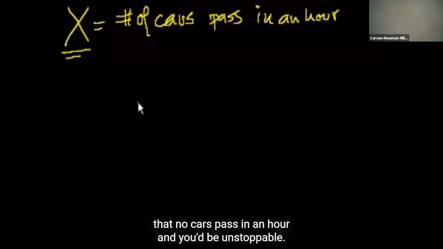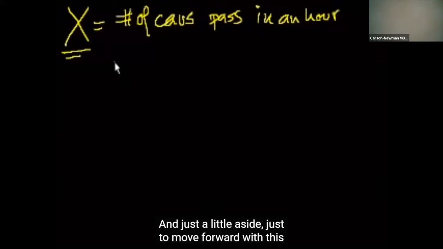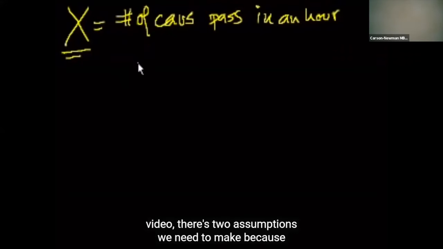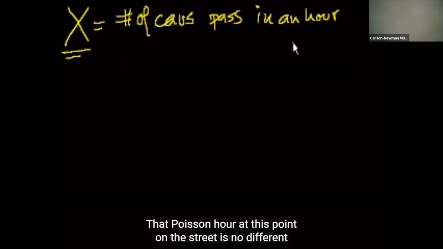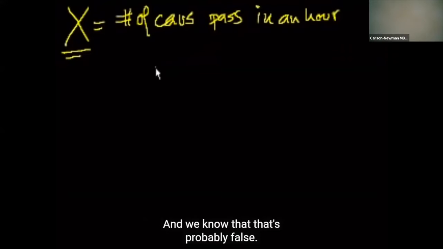Just a little aside, to move forward in this video, there are 2 assumptions we need to make because we're going to study the Poisson distribution. The first is that any hour at this point on the street is no different than any other hour. We know that's probably false.